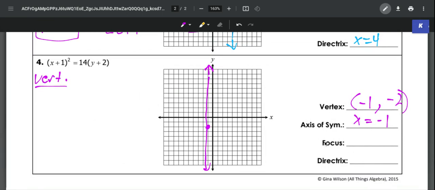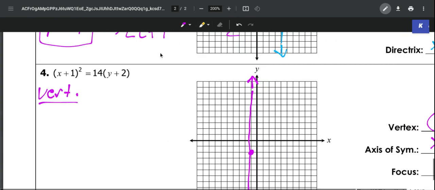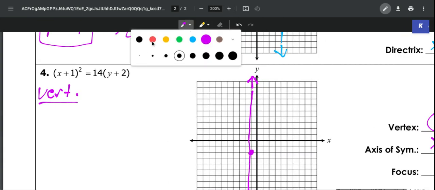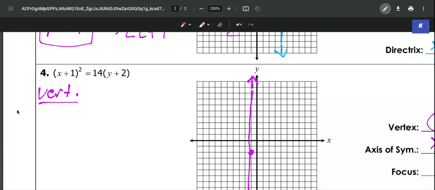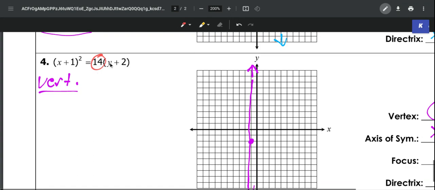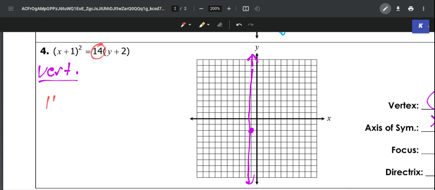Now we need to know our focus and directrix, and for that we need p. So we're going to take our coefficient, whatever that is. It shouldn't be in parentheses. It should just be on the right side of your equation, multiplied by your y, outside of the parentheses. So we're going to take that 14 and set it equal to 4p, and then solve for p.